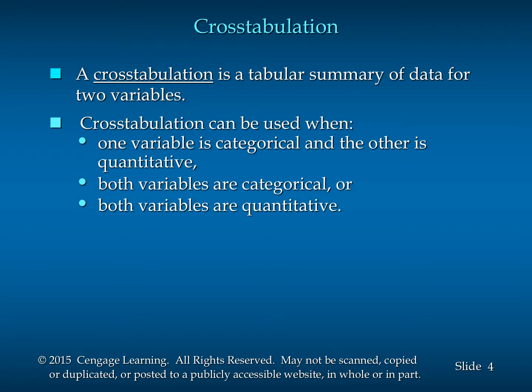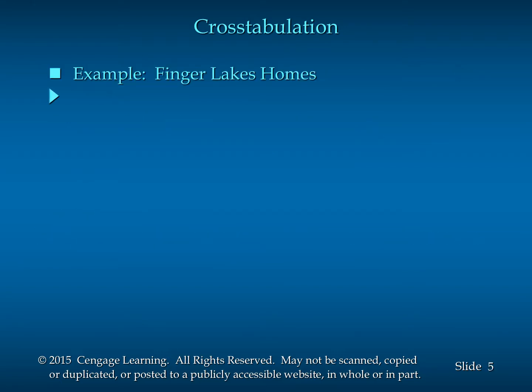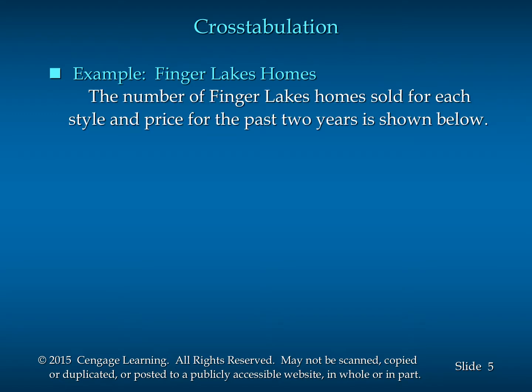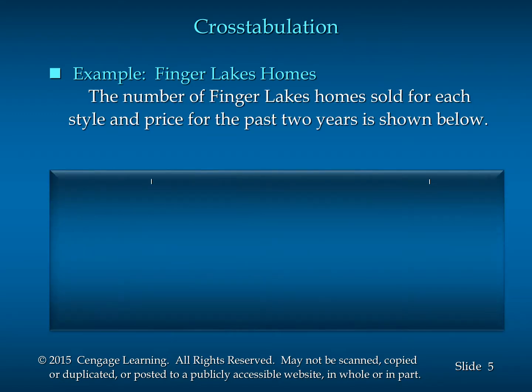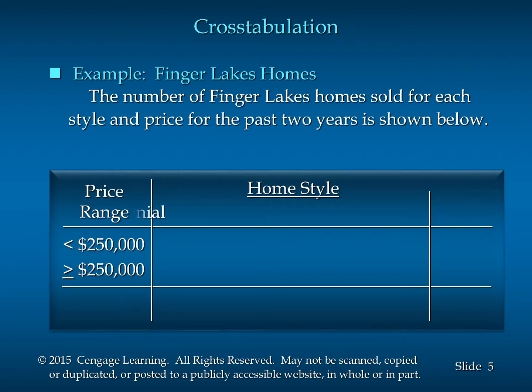Cross tables can be used for one variable being categorical and the other quantitative, or both categorical or both quantitative. For example, if we are looking at data about the cost of homes, we have two categories. We have a home style and a price range, and a total of 100 data points or data values.